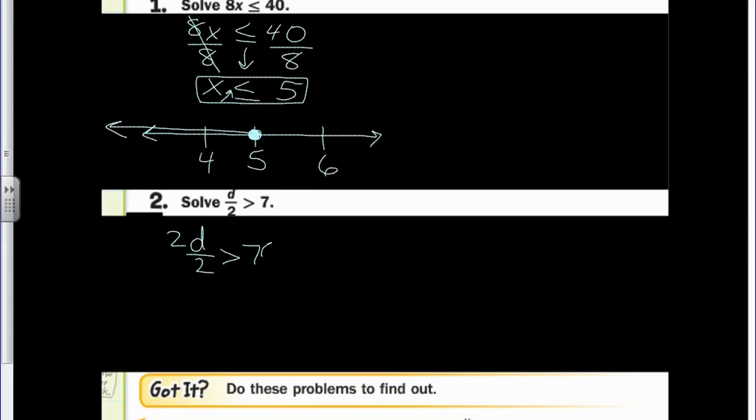So we're going to multiply by 2 on both sides. 2 divided by 2 equals 1, leaving us with just 1d, or d, on the left-hand side. 7 times 2 is 14. And because we multiplied on both sides by a positive number, our sign is just going to drop straight down, and it's going to be d is greater than 14.